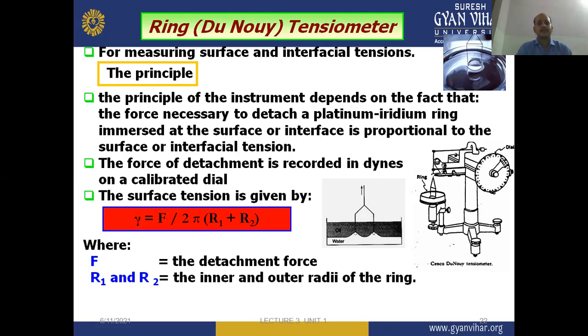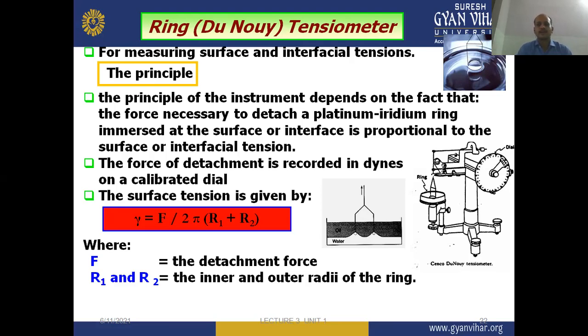So the force required to detach or separate out a platinum iridium ring immersed at the surface or interface is directly proportional to the superficial or interfacial tension. So we have to note down the force necessary to detach this platinum iridium ring, which can be shown in this diagram.